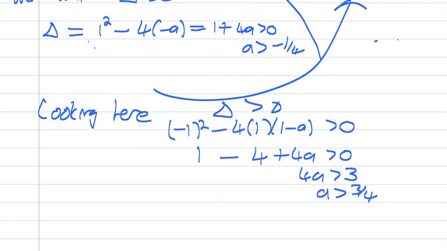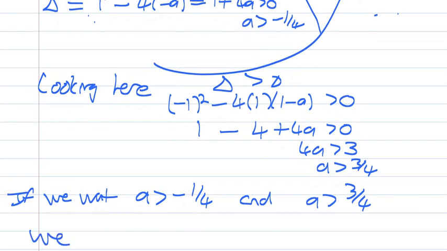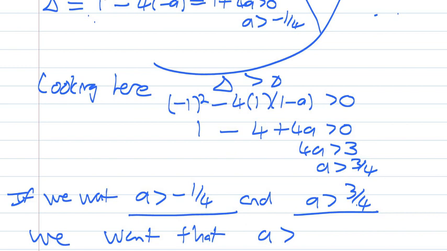Alright, so if we want a to be bigger than minus 1 over 4 and a is bigger than 3 over 4, what must be true? So if you want this to be true and you want this to be true, that means that a must be bigger than what value? A little bit of logic. What goes there?